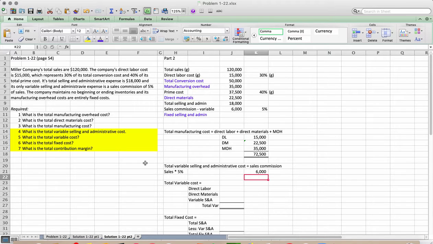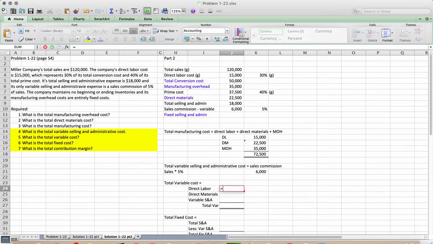Number 5, what is the total variable cost? Well, if we remember, variable costs, things like direct labor and direct material, change when activity level changes. And in this situation, activity level is represented by sales. Therefore, 5% of sales is also variable.